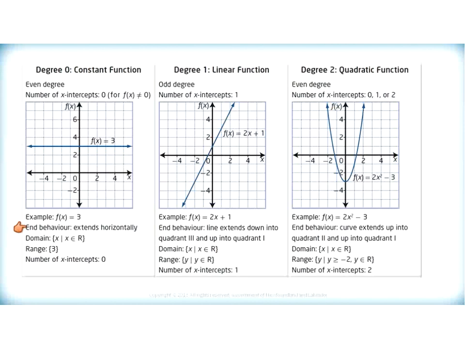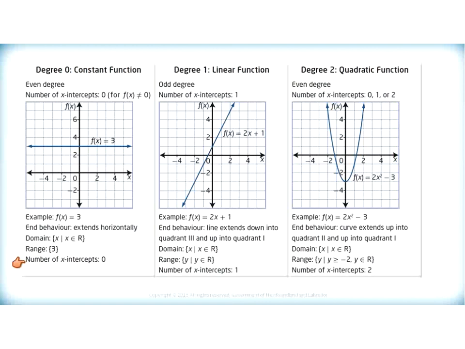Note that the end behavior extends horizontally from quadrant 2 to quadrant 1 if the constant is positive, and from quadrant 3 to quadrant 4 if the constant was negative. The domain is the set of real numbers. The range would just be values of y equal to 3 in this case, and we have no x-intercepts in this example.